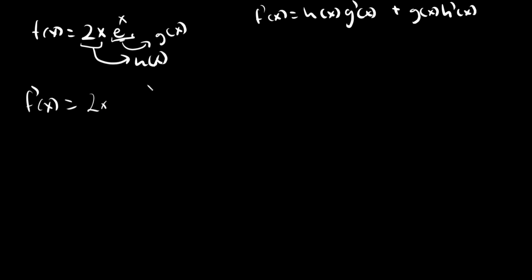Now we're going to use the derivative of g of x. So the derivative of g of x is going to give us e to the power of x, which doesn't change, right? It's going to be plus. We plug in g of x, e to the power of x, and the derivative of 2x, which is going to give us 2, right? So basically 2 here. This is my constant.